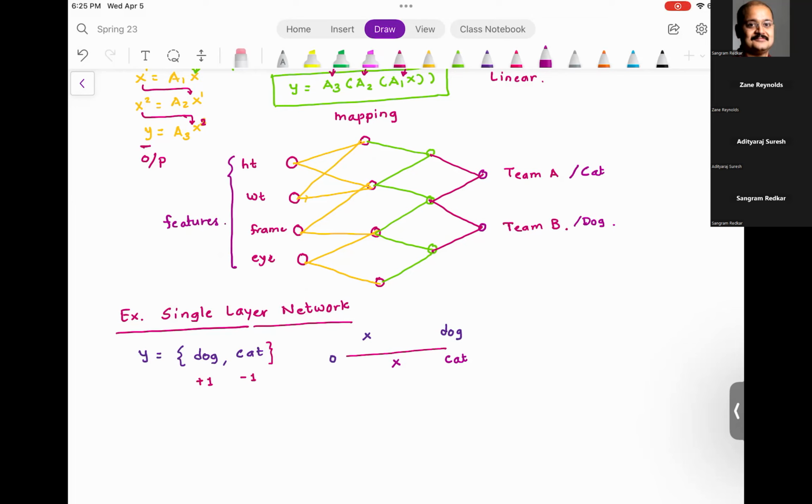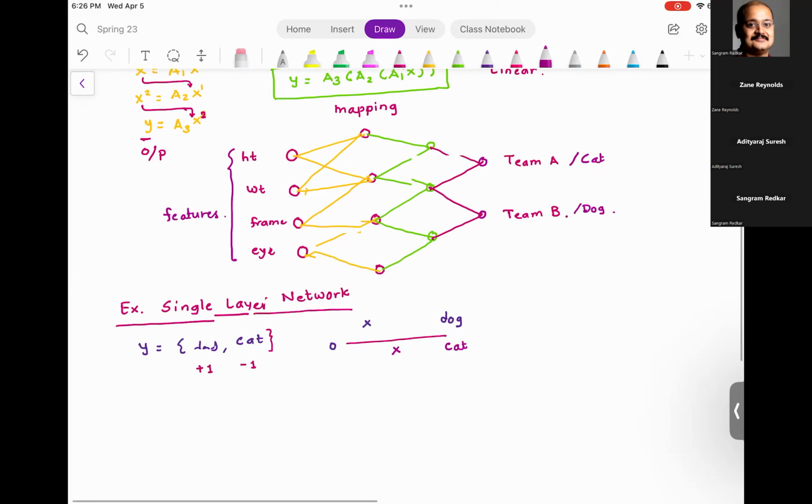You arrange the features, and finally you would see whether it is +1 or -1. If your output is above 0, then you are going to say, yes, it's a dog. If your output is below 0, then you are going to say cat.